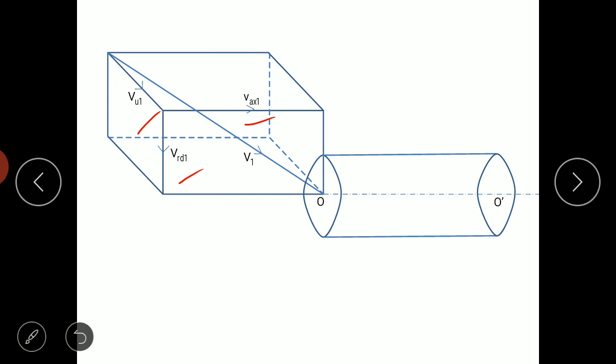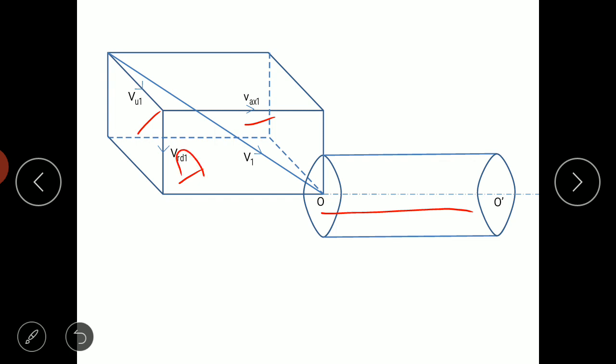Different authors use different notations. Why is Vx1 the axial velocity component? Because it is parallel to the axis of rotation. You can see this is parallel to O dash.